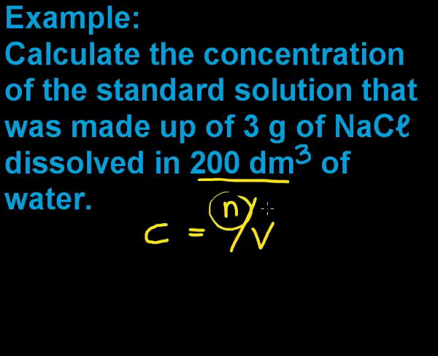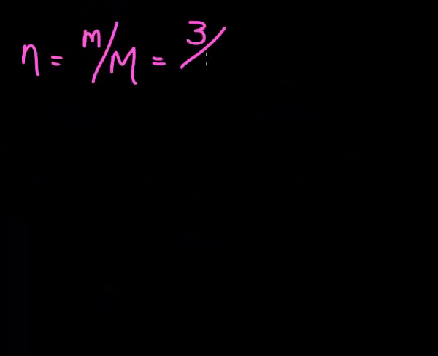I have been given the mass though, so I can make use of mass divided by molar mass to calculate moles, which I can then punch back into my formula to calculate concentration. The mass was given as 3 grams, but our molar mass is that of the sodium, which is 23, plus chlorine, which is 35,5.